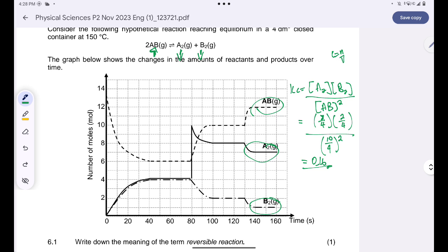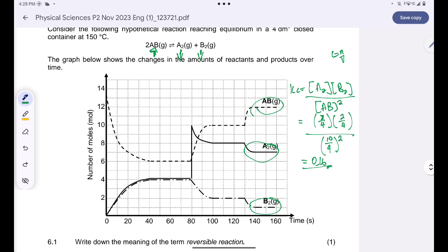However, if you increase temperature in an endothermic reaction, you will always increase your Kc value. Why? Because you will increase the products and decrease the reactants. That is applicable if and only if your forward reaction is endothermic. Let me repeat.